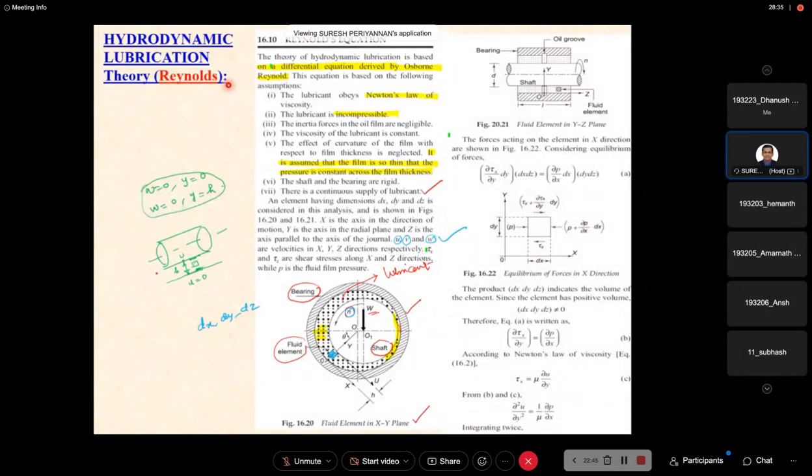So now we have understood x, y, z, u, v, w, what they are, and we have also considered a small fluid element. Now this is in the xy plane. Now this is in the yz plane. The yz plane is nothing but an extension of that.